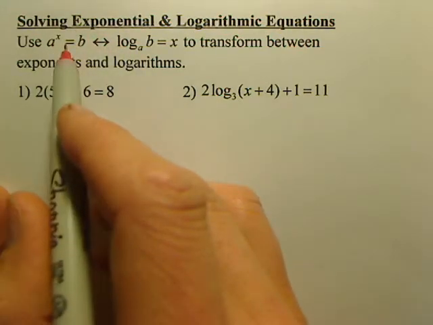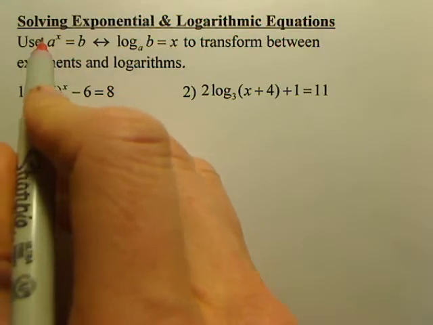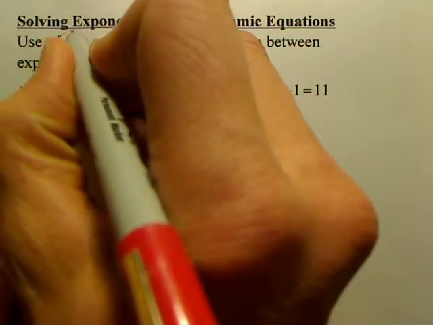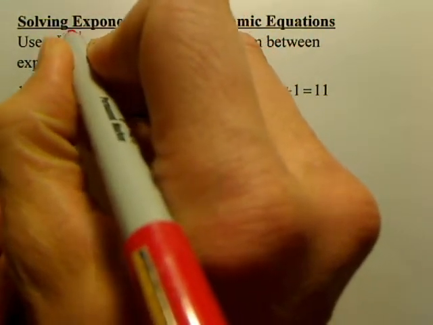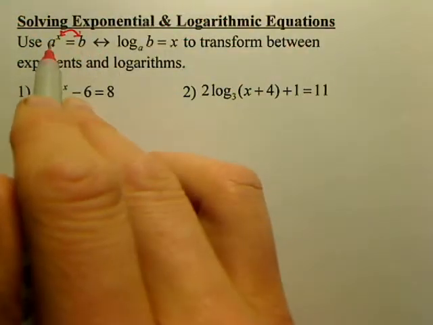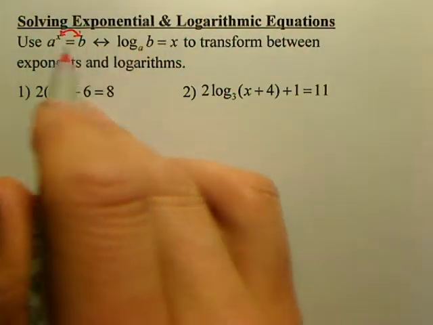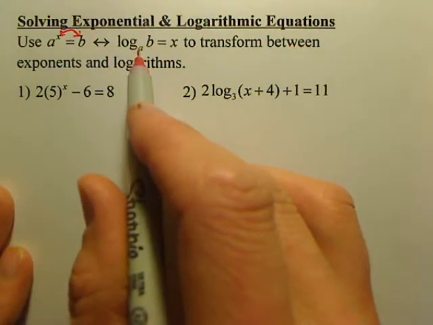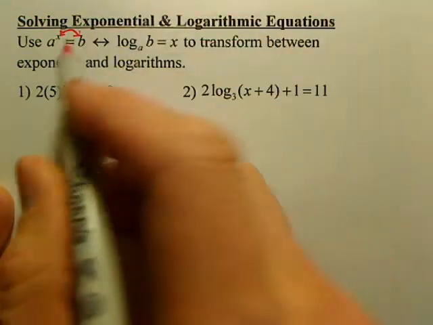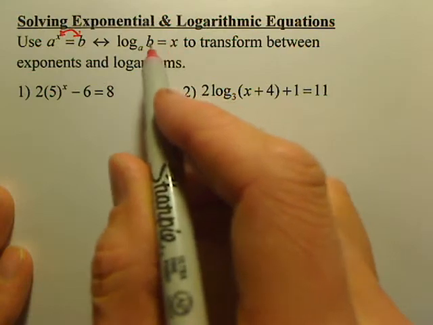If I have an exponent, I can tack the word log in front, and watch. I can just simply switch those two things. Do you see right here how I put the word log in front? The base of the exponent becomes the base of the log. And then do you see how the x and the b switched?